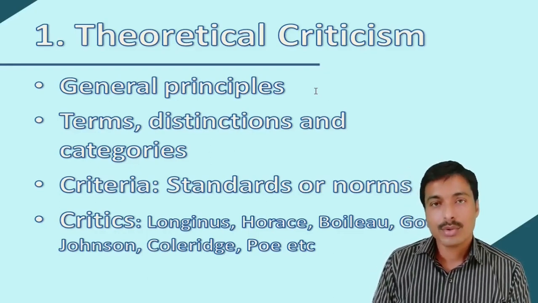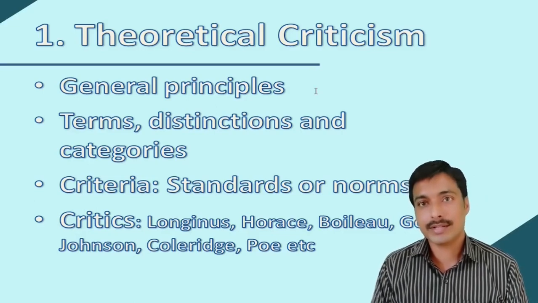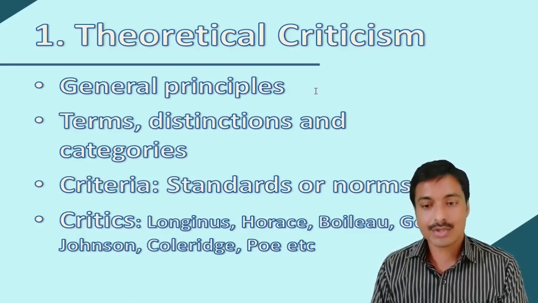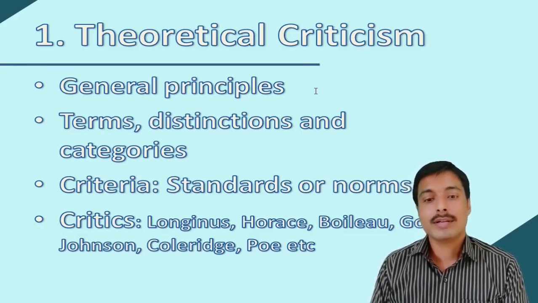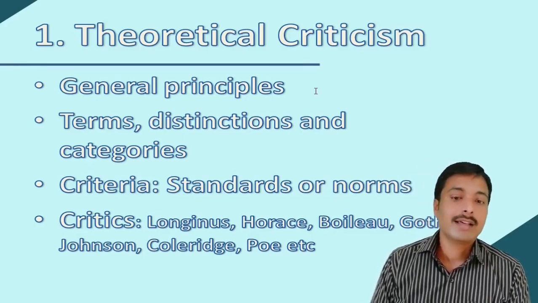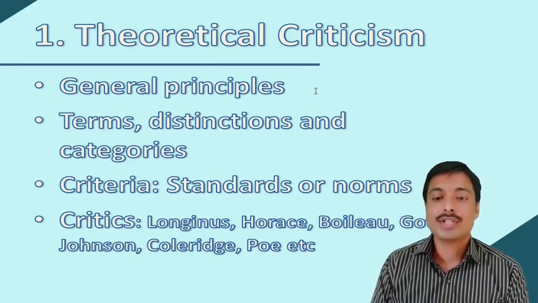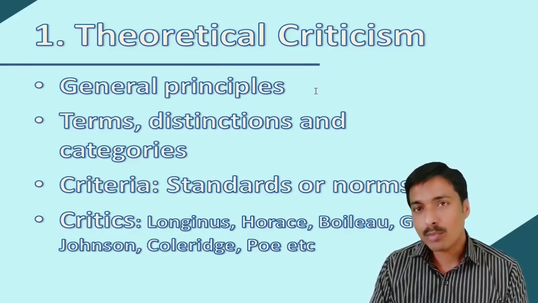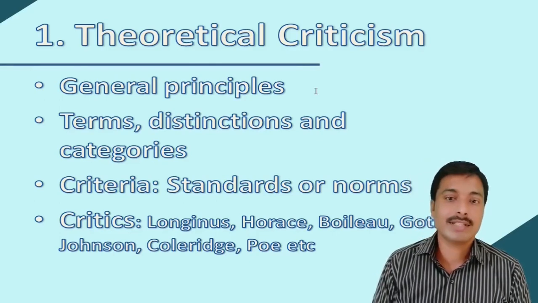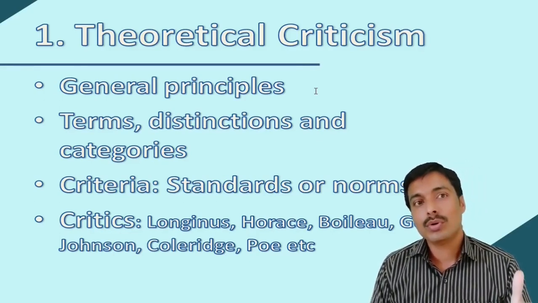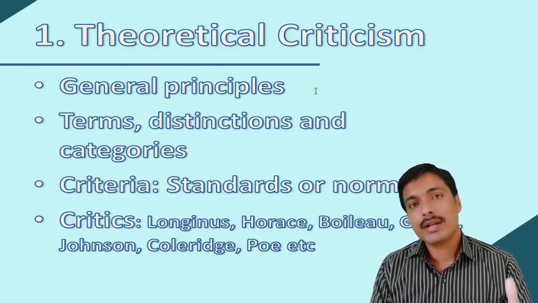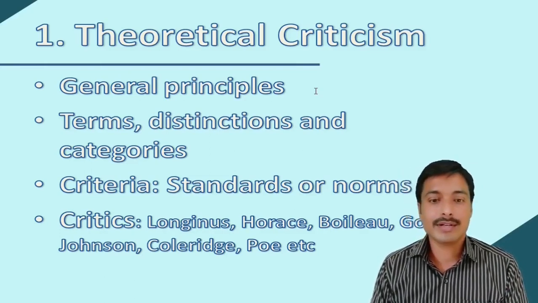There are many critics who theorized about literature, right from Aristotle, Longinus, Horace, the Greco-Roman critics, Boileau, Goethe, Johnson, Coleridge, and Poe, and many more. These are some representative examples. So there are critics who had given different theories about literature.